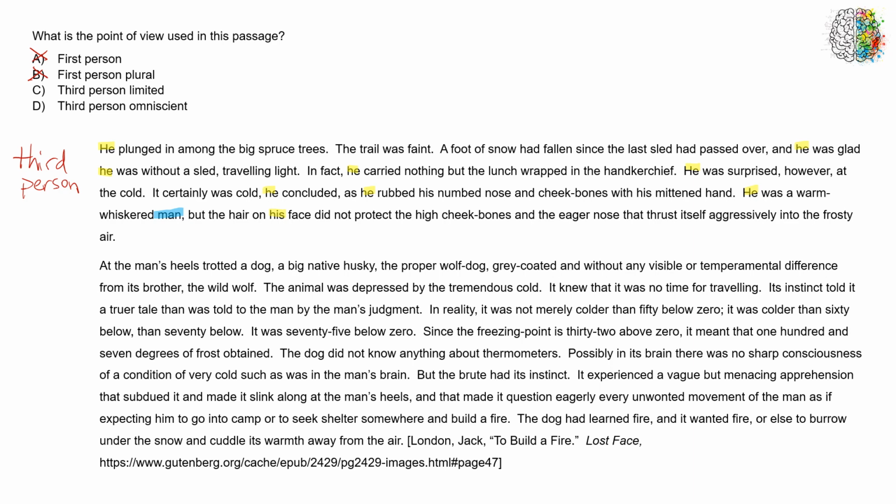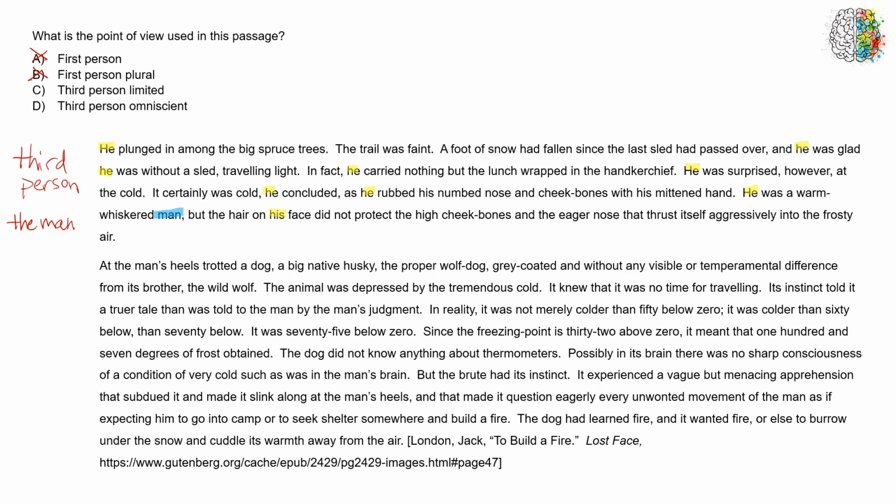So that's consistent with the male pronouns, and our subject is the man. One of the ways you can identify, they're always going to list the subject, and you can replace any of these pronouns with the man, and it's still going to make sense. That's one of the ways you know that you have the correct pronoun.